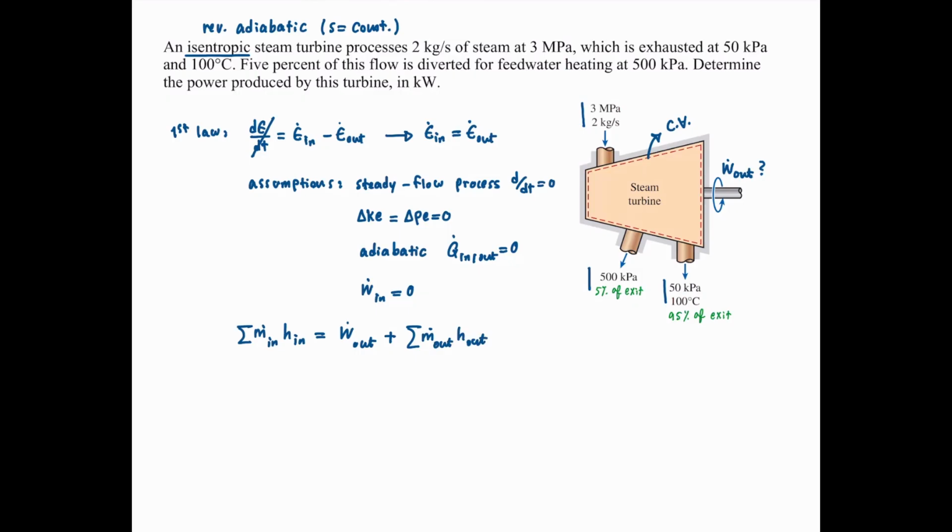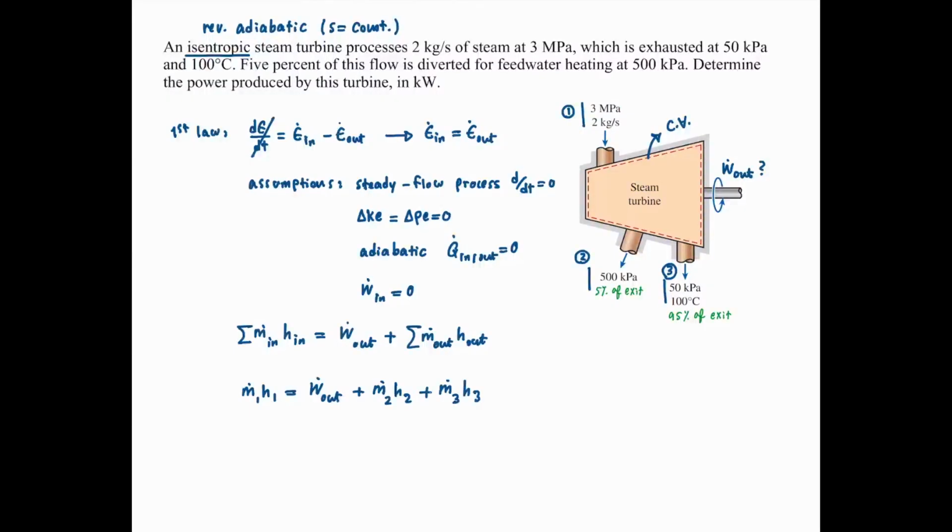I see there is one inlet to the turbine and there are two exits. So let's call them number 1, number 2, and number 3. So first law will become m dot 1 h1 equals W dot out plus m dot 2 h2 plus m dot 3 h3.